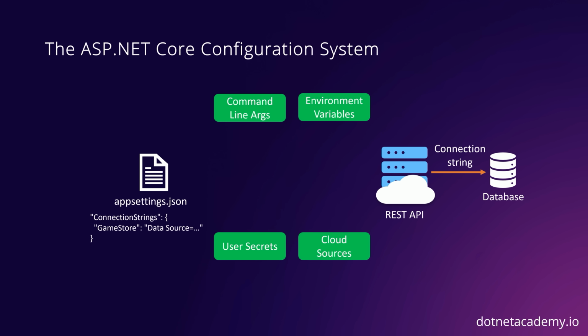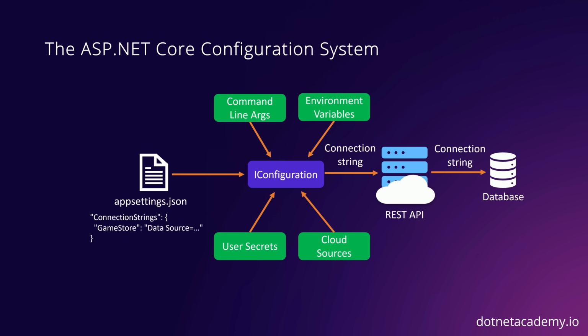And the great thing about this is that the ASP.NET Core runtime takes care of combining information from all available configuration sources into a single configuration object that implements the IConfiguration interface. This configuration object is easily accessible to your REST API in such a way that it doesn't really need to know where the configuration data actually comes from.